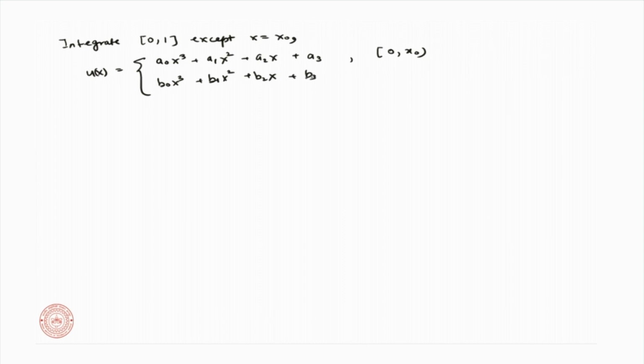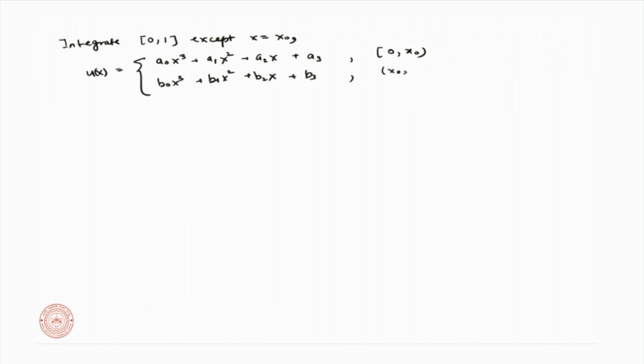Okay. All right. So, what we will get is u of x equals a naught x cube plus a 1 x square plus a 2 x plus a 3. This is between 0 to x naught, not including x naught, and b naught x cube plus b 1 x square plus b 2 x plus b 3.